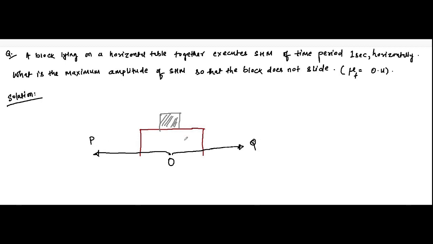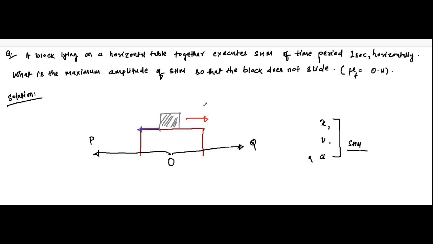So here, when it undergoes simple harmonic motion, obviously there will be displacement, velocity, and acceleration of this SHM motion. And when the motion is in a particular direction, the force of friction will be in the opposite direction, like this.